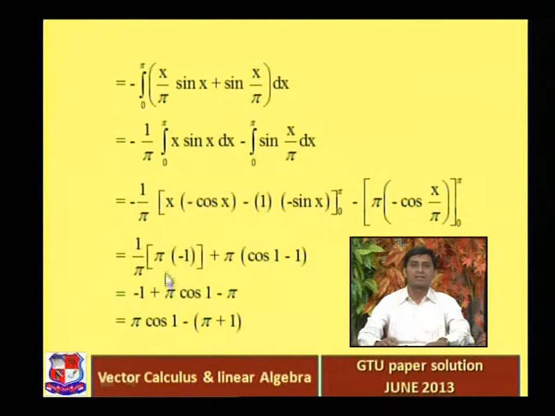So the final answer is minus 1, this pi will be cancelled out, minus 1 plus pi cos 1 minus pi. So pi cos 1 minus (pi plus 1). This is the final answer, which is required. So here we complete the solution of this question.